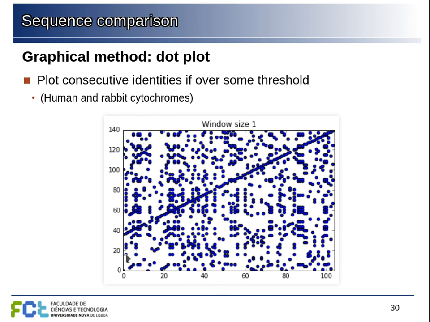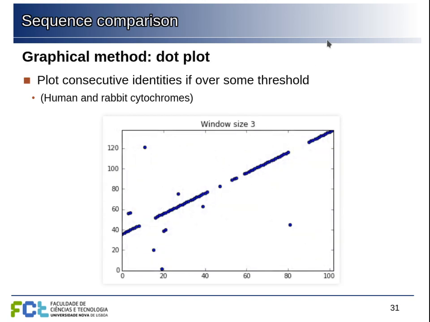So if one residue on this sequence is identical to this residue on this sequence, then you have a dot there to indicate they are identical. You can see some stretches of dots that appear because you have consecutive residues that are identical in the two sequences. And so if you filter by the number of consecutive residues, for example, here I place a dot at the center of every stretch of 3 consecutive residues.